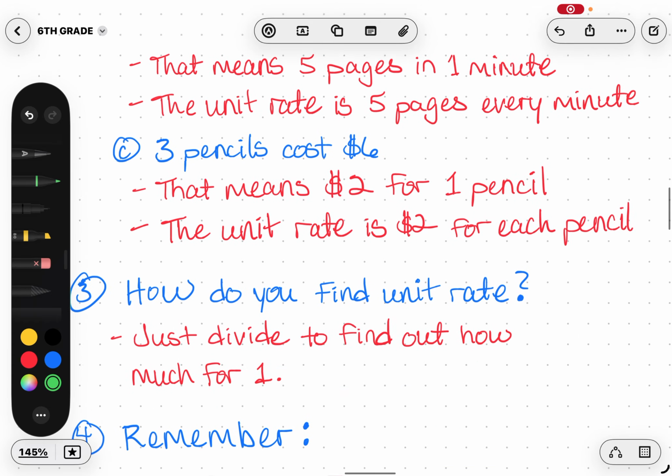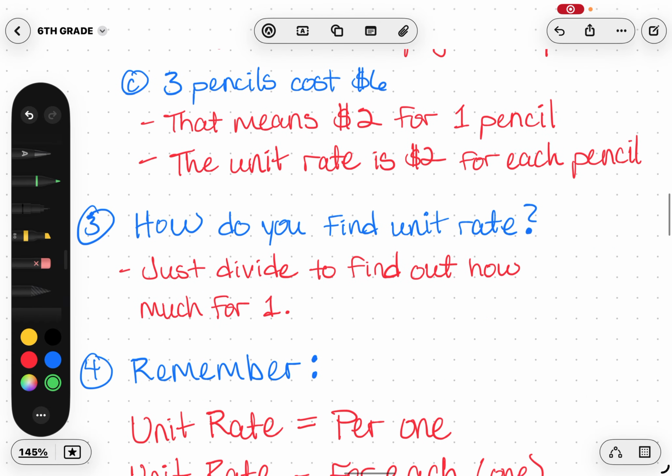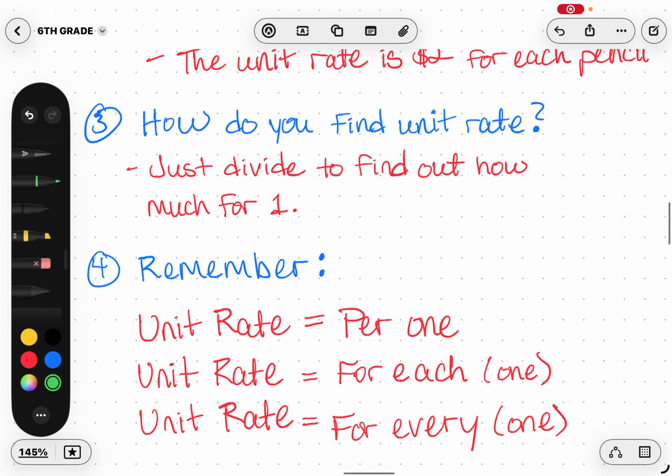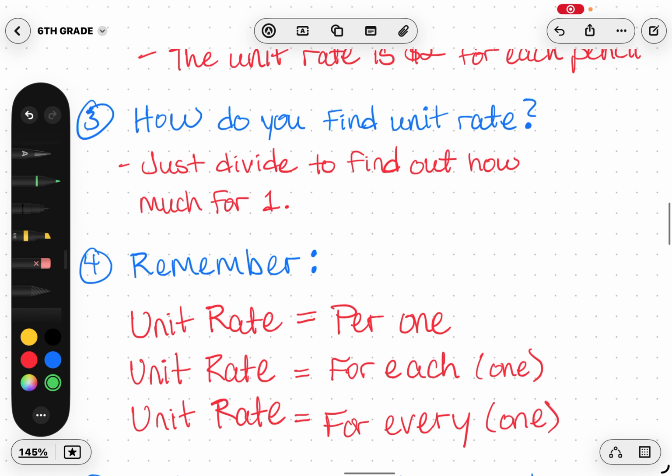Now, how do you find unit rate? It's good to know what unit rate is, but how do you find it? You find it by dividing. You just divide to find out how much for one. And remember, unit rate means per one, or for each one, or for every one.